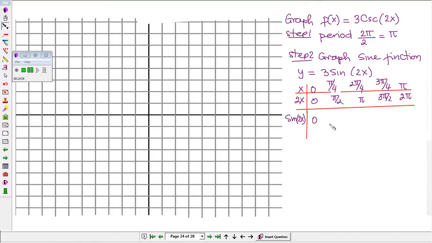So sine of 0 will be 0, sine of pi over 2 will be 1, sine of pi is 0. If you remember the pattern for the y values of the sine function, that will be 0, 1, 0, negative 1, and 0. Lastly, you will multiply by 3, the number in front of your sine of 2x.